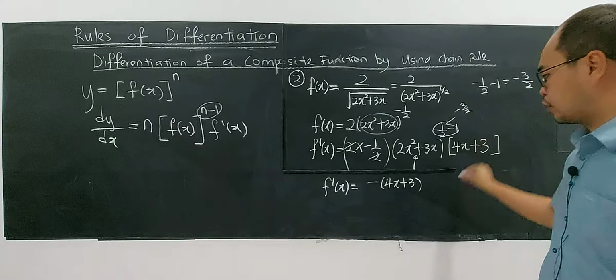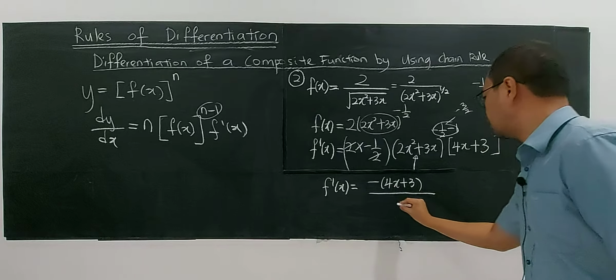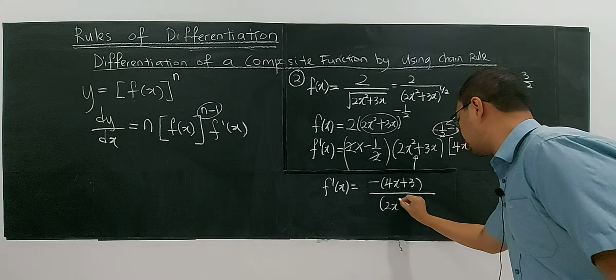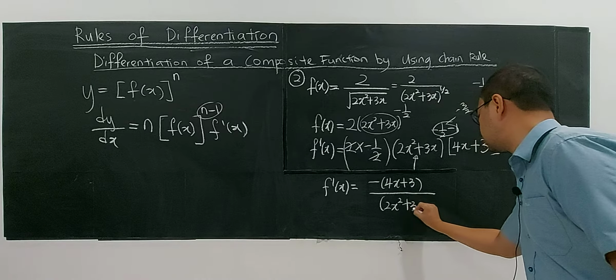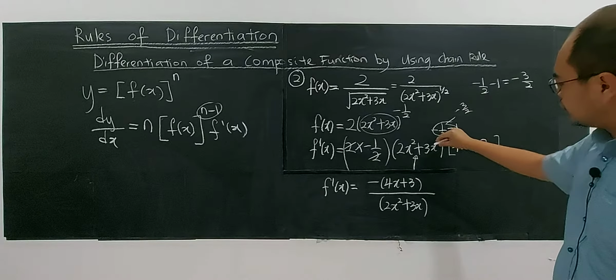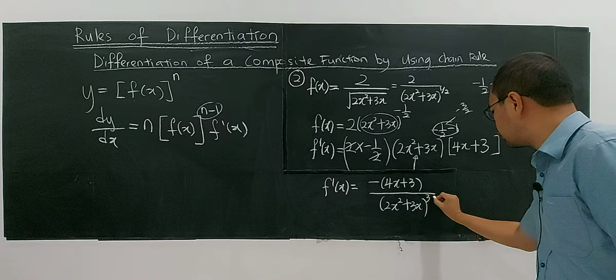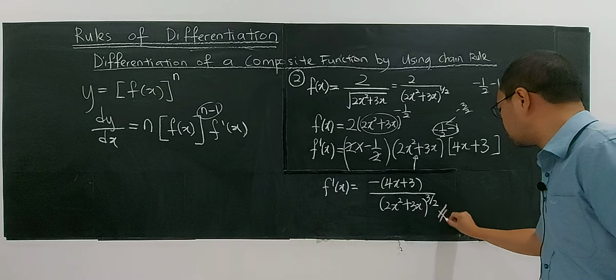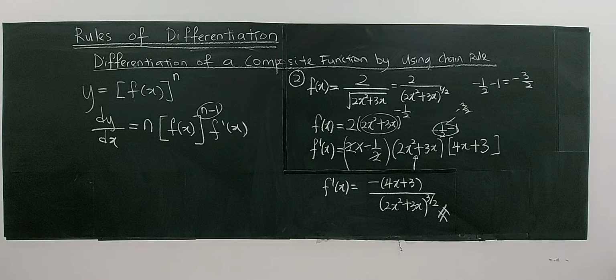It's negative, so I'm going to bring it down, becoming (2x² + 3x) to the power of 103. The negative, when you bring down, becomes positive 3 over 2. So this will be the answer for this example.